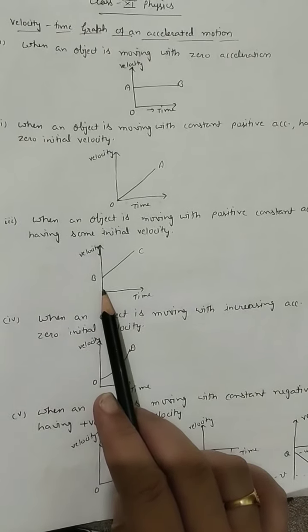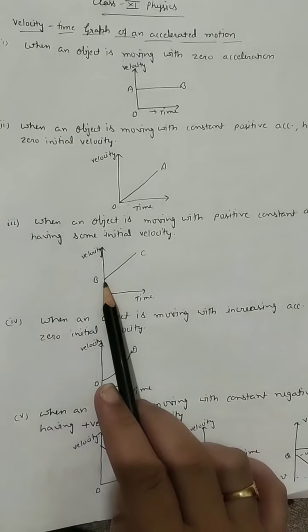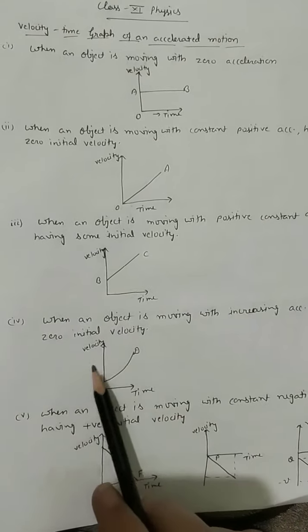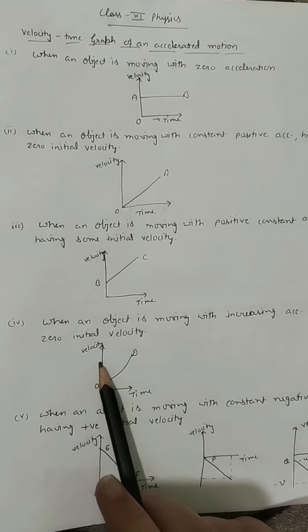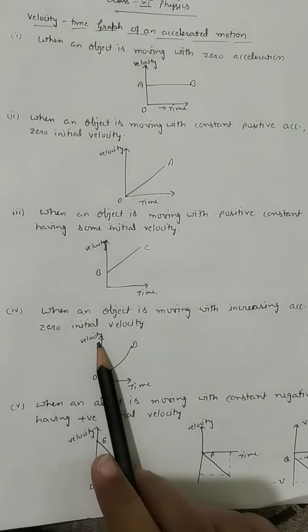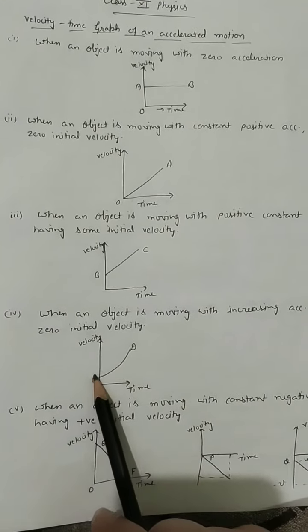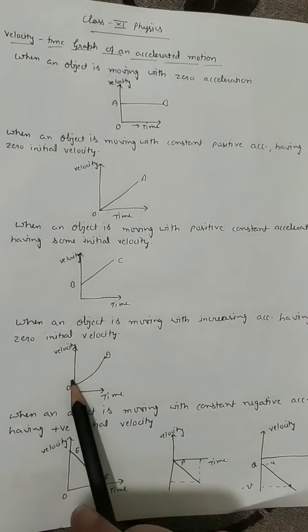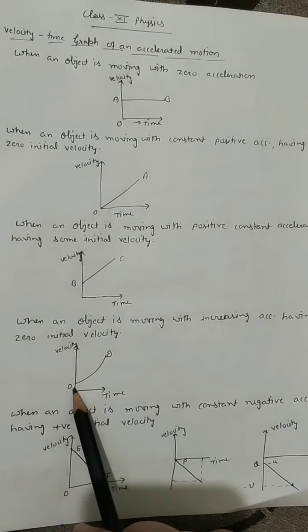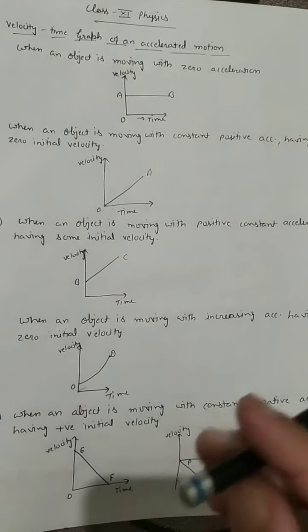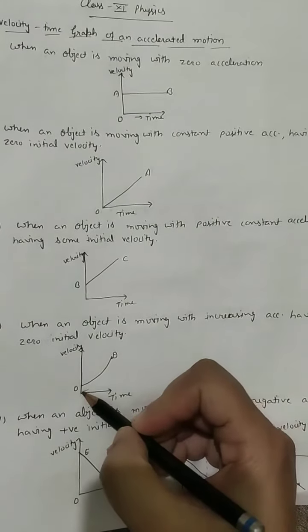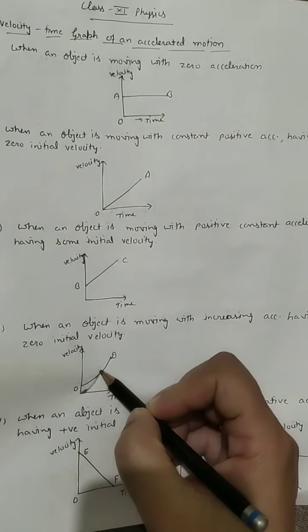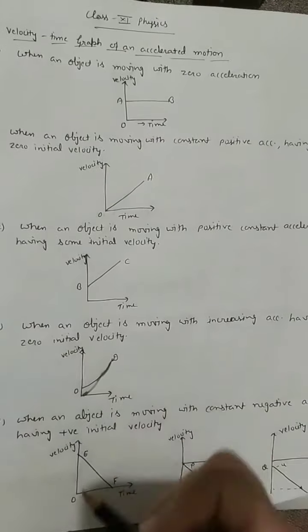But if the initial velocity is mentioned, then the graph will start from somewhere else. When an object is moving with increasing acceleration and zero initial velocity, it is a non-uniform graph. The graph will start from here.